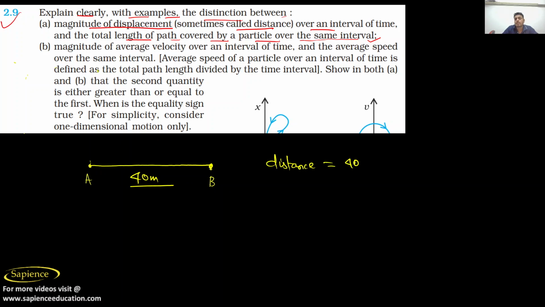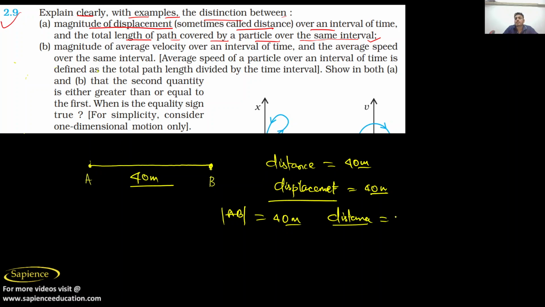It will be 40 meter. And if I find the displacement, the magnitude of the displacement will also be 40 meter, right? So the magnitude of the displacement AB is 40 meter, and the magnitude of the distance is also 40 meter.